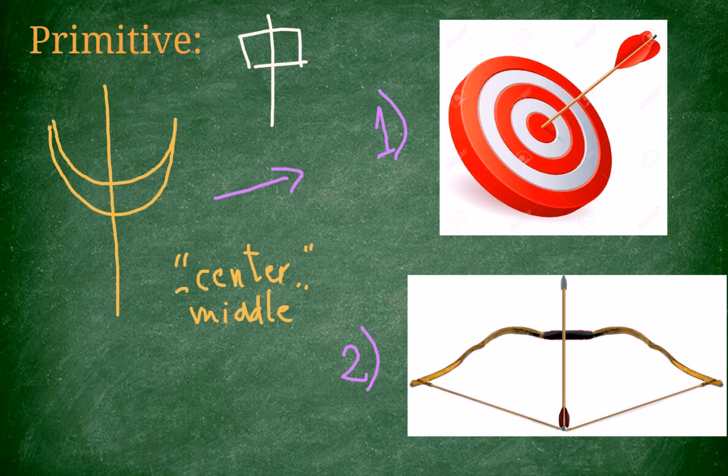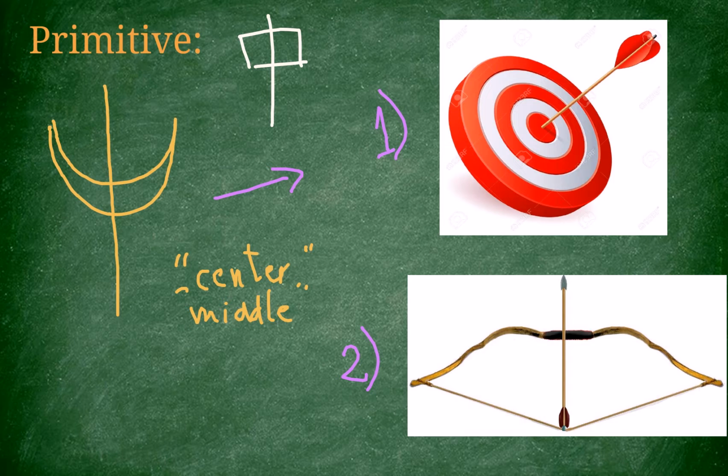So you see the arrow here again, and then the bow makes a very similar picture. So you can look at it however you like, whether this is the target or the actual bow. It doesn't matter how you prefer to see it, but those are your options. And the primitive meaning is center or middle.